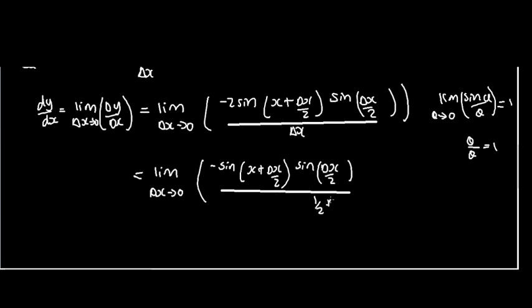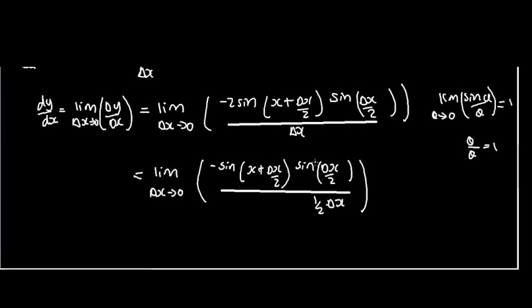When we are taking the limit as change in x approaches 0, the sine of x plus change in x over 2 becomes sine x, so I shall remain with only negative sine x.